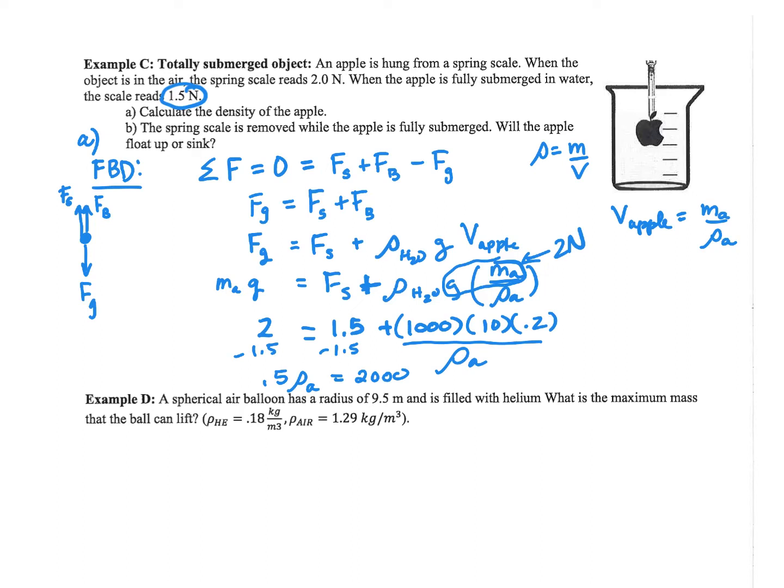So the density of the apple is what? 4,000 what? What's the units for density? Not pascals, that's pressure, my bad. Density is kilograms per meter cubed.